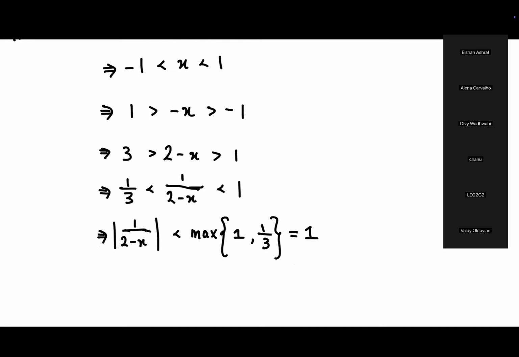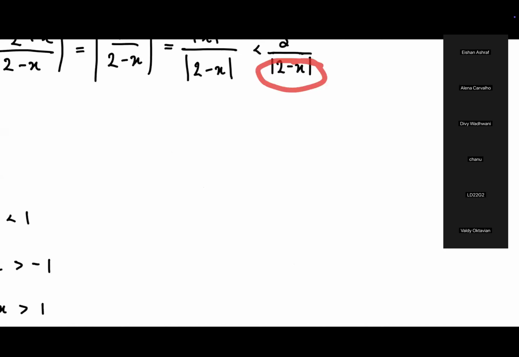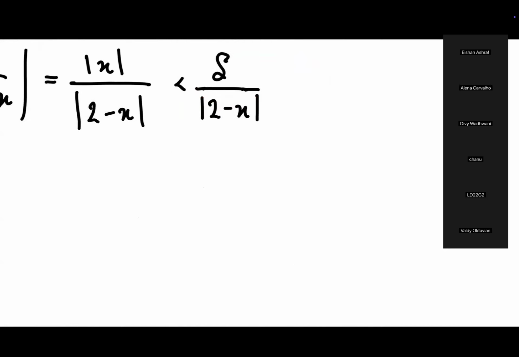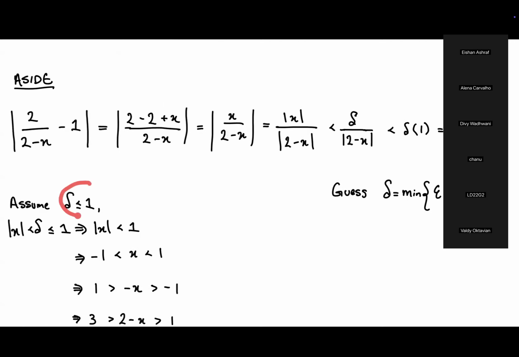So we know that this term right here is bounded by 1. So subbing that in, we get delta times 1, and that ends up just giving us delta. So here we can guess delta to be the minimum between both epsilon and 1. Why would we choose 1? We chose 1 because we assumed that delta is less than or equal to 1 at all times.